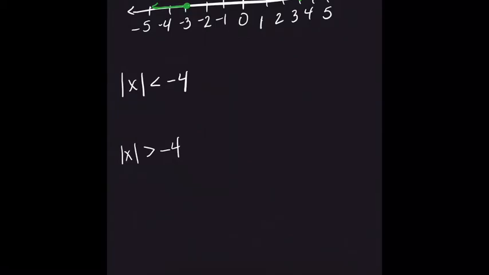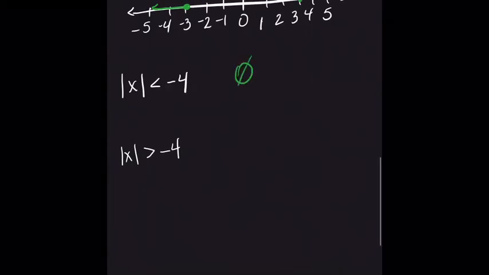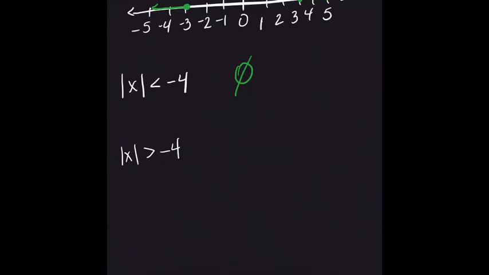So there are no real numbers that satisfy this condition, because the absolute value of any number is going to be greater than -4. So for this one, there is no solution. How about for the next one, though? It's a tricky one also, because the absolute value of every number is 0 or greater than 0.